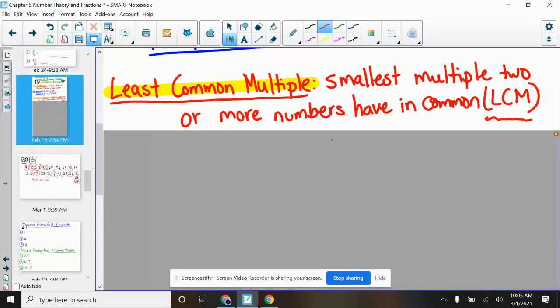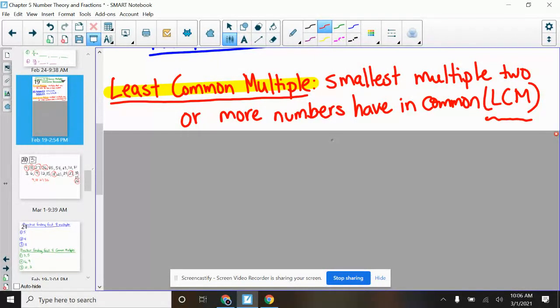So just like GCF stands for what? LCM stands for least common multiple. And you're going to use this when I teach you to add and subtract fractions. So see, I'm giving you tools now to be successful with the next chapter.